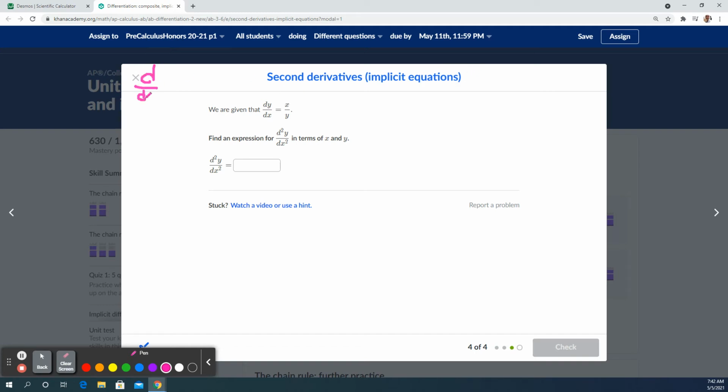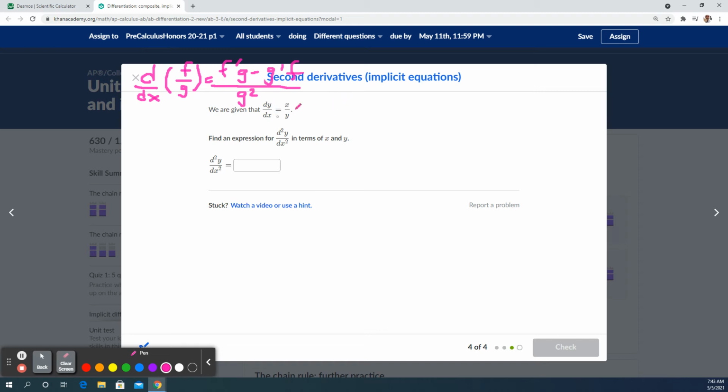The derivative of f over g is the derivative of the first times the second, minus the derivative of the second times the first, all over the second, or the bottom, squared. When I was saying second, I meant bottom. Okay, so for the first derivative here, we are given dy/dx. Find d2y/dx2.